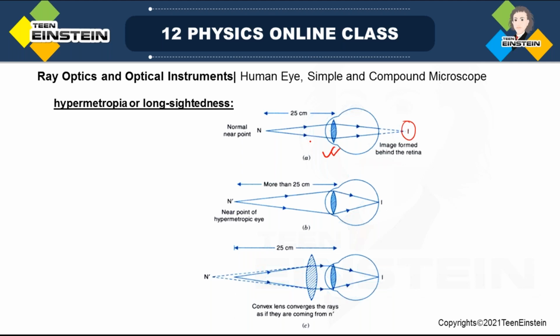So look what happens in this particular defect. A person cannot see objects from nearby, at the normal near point. The normal near point is generally 25 centimeter, but some people cannot see things from 25 centimeter.